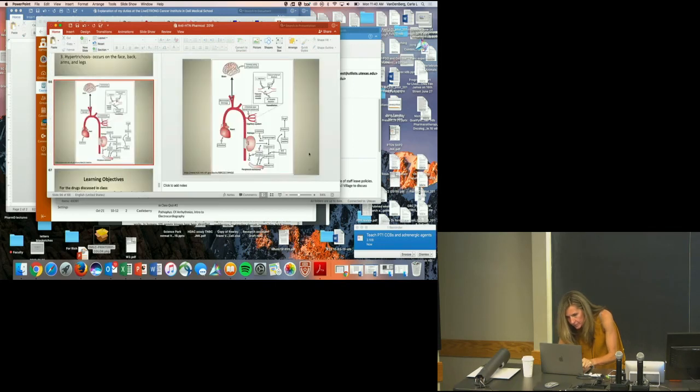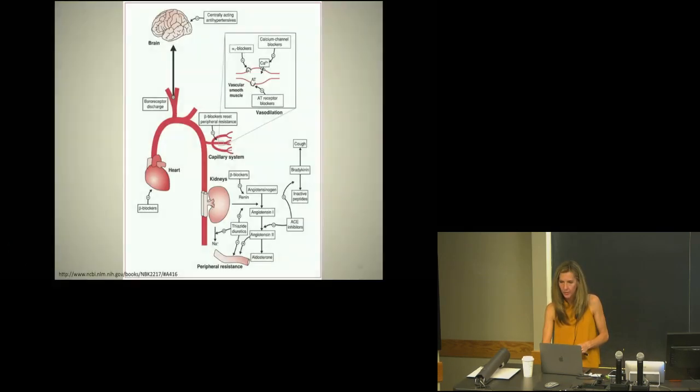This slide? Yes. On the capillary system, that little box says beta blockers reset peripheral resistance, and like, what does that mean? I don't know. I would ignore that comment.